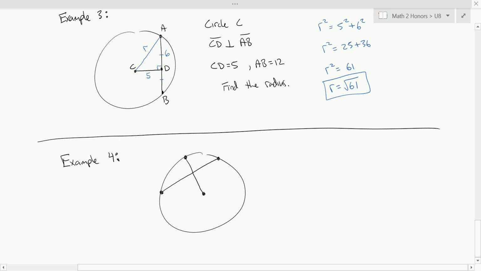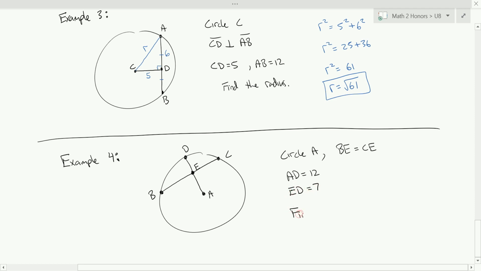Okay, so on this one, we're going to label A, D, E, B, and C. And circle A, so I'm telling you the center's A. BE is equal to CE. AD is 12. And ED is 7.